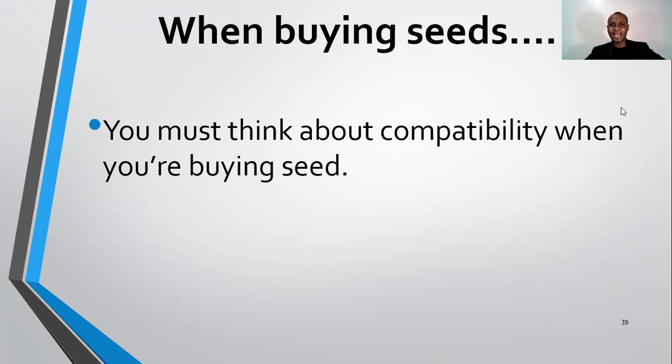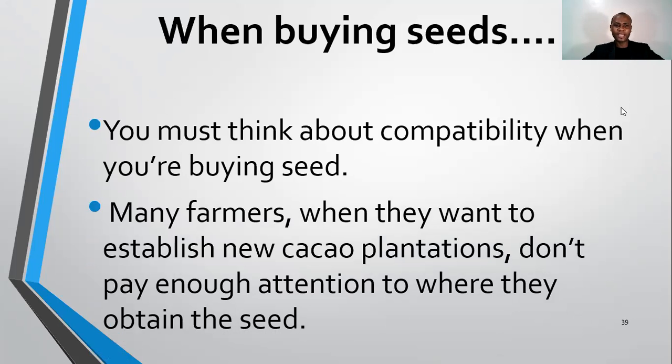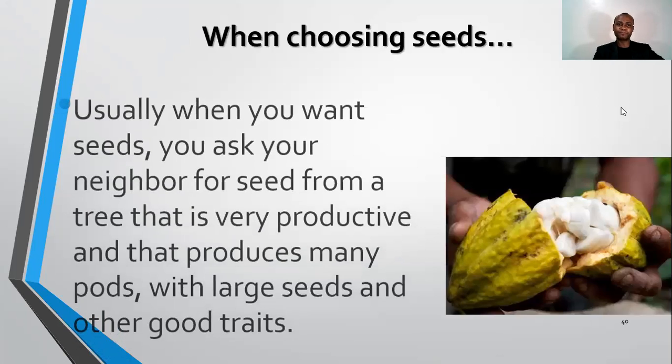When you are buying seeds, you must think about compatibility all the time. Many farmers, when they want to establish a new cacao plantation, don't pay attention to where they obtain the seeds from.